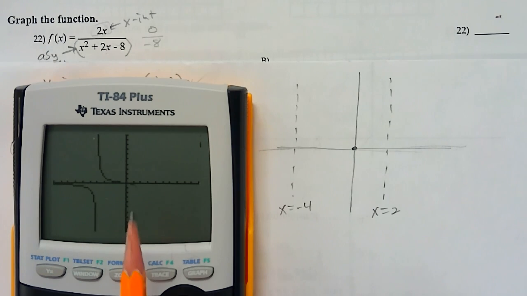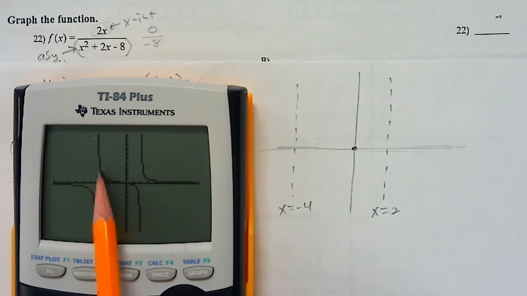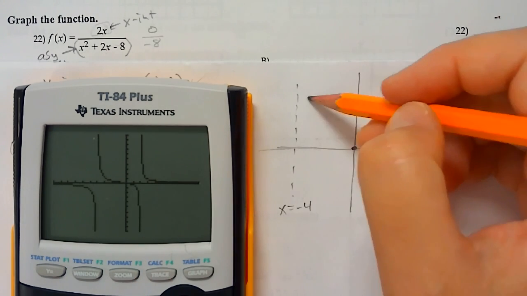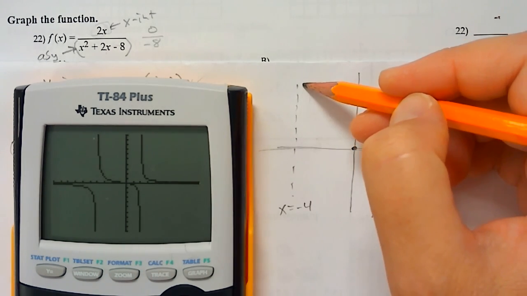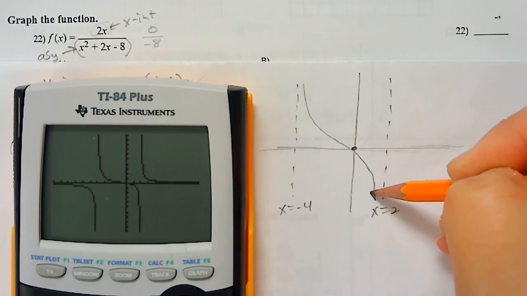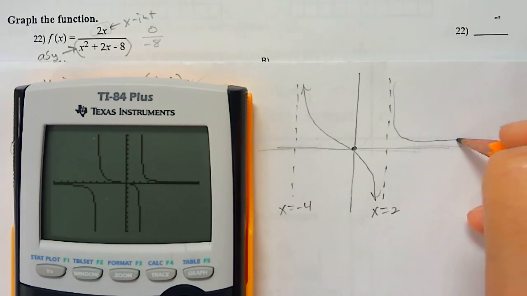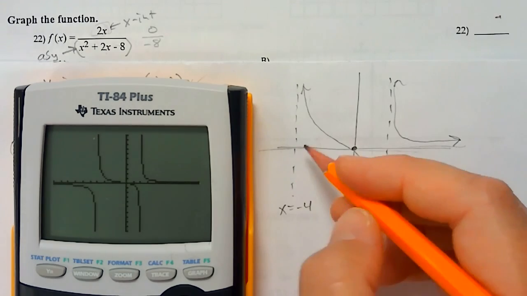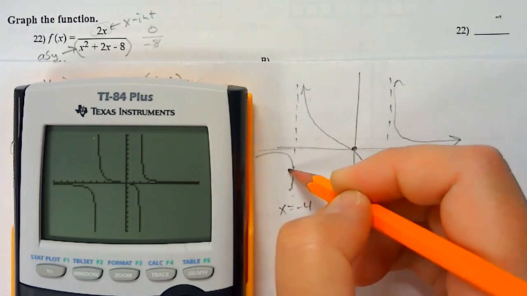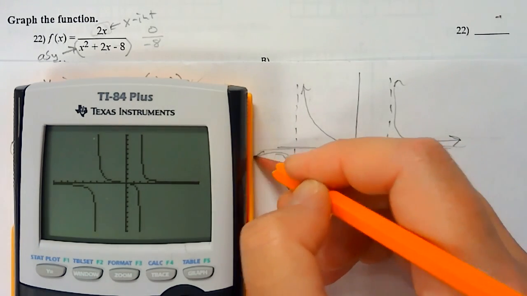Got my standard window, which is actually going to be great. You can see my asymptote at x equals -4, my asymptote at x equals +2, and I can sort of sketch out that this goes like this, and like this, and like this. Don't touch the asymptote.